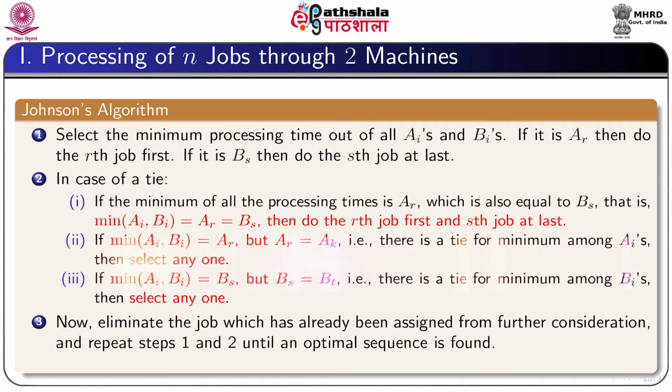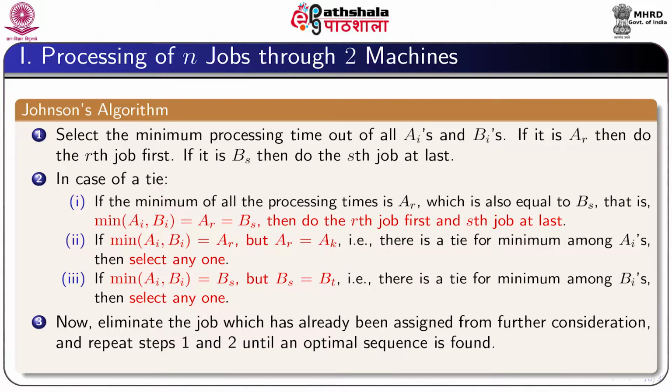Step 2. In case of a tie, we have three options. If the minimum of all the processing times is Ar, which is also equal to Bs, that is, minimum of AiBi equal to Ar equal to Bs, then do the rth job first and sth job at last.